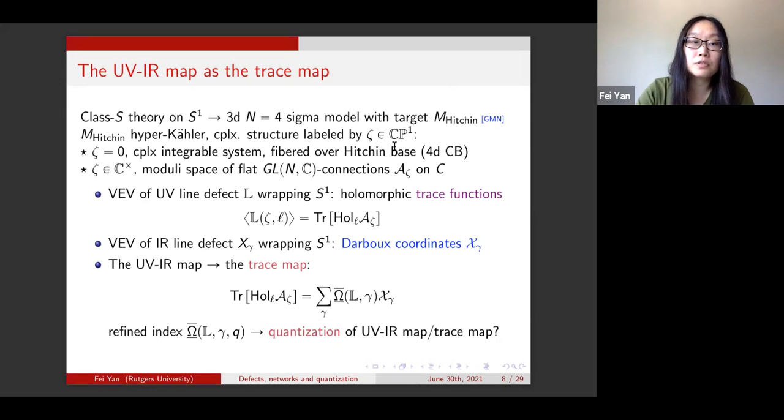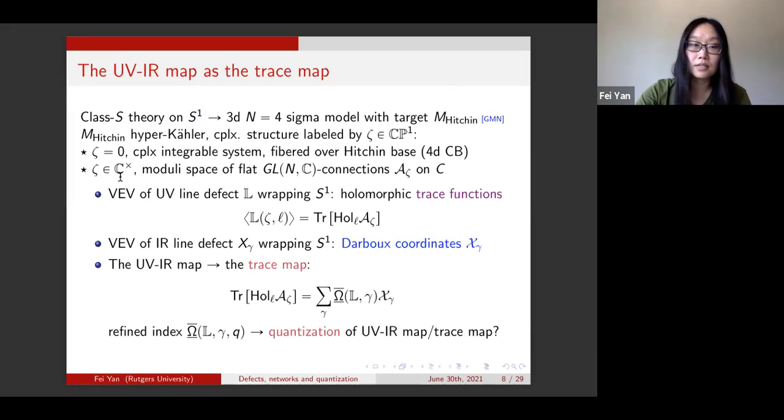If zeta equals 0, or equivalently infinity, what you have is a complex integrable system. So you have a fibration over the so-called Hitchin base, identified with the 4D Coulomb branch, where the generic fibers are compact tori corresponding to choices of the Wilson-'t Hooft lines wrapped around this compactification circle.